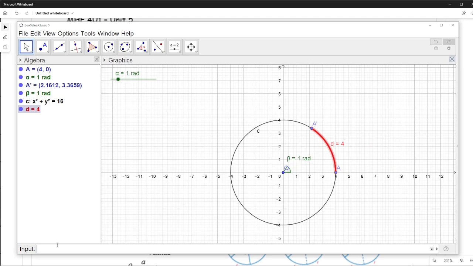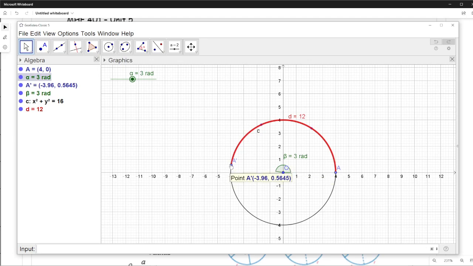Now, if we make alpha 2 rads this time, notice that the arc now has grown to a size of 8. Because basically I've walked 1 radius here, and then I walked another radius to get to there. And that would be what 2 rads looks like. 3 rads would get you almost all the way around the circle, because of course if you walk 1, 2, 3 radii, you're not actually going to go halfway around the circle.